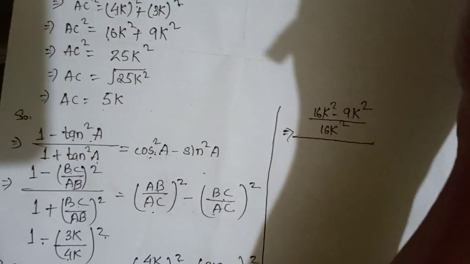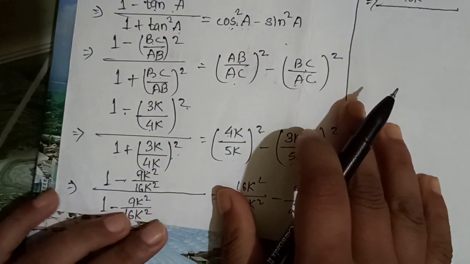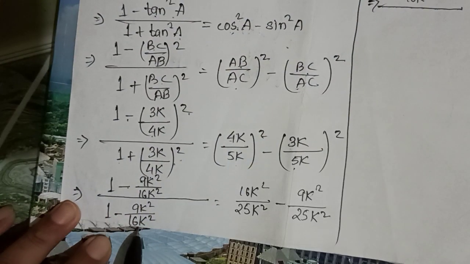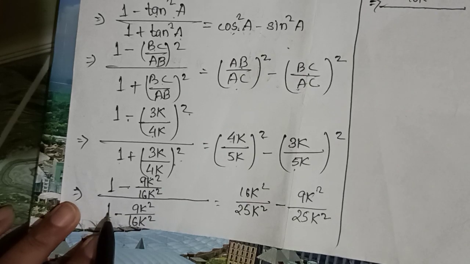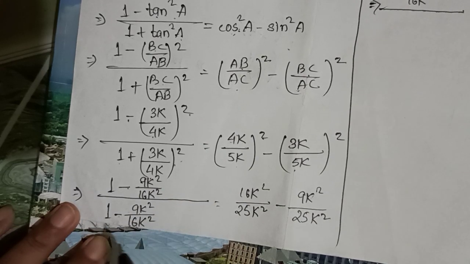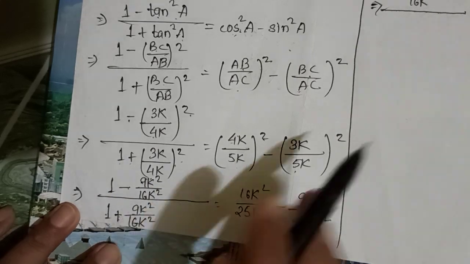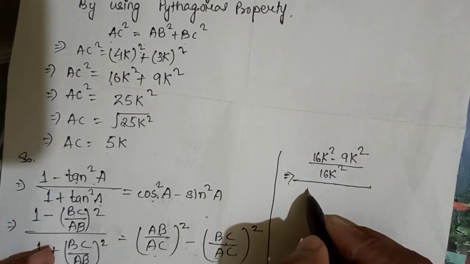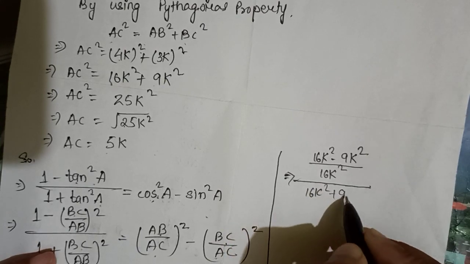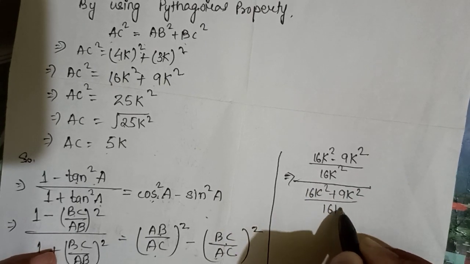Again for the denominator part also we have to take LCM now. So we will get again 16K square, and here 16K square plus 9K square. Sorry, we have plus in the denominator section. So 16K square plus 9K square divided by 16K square.